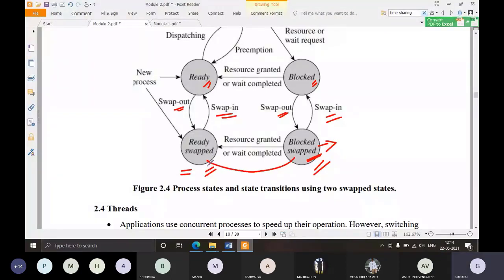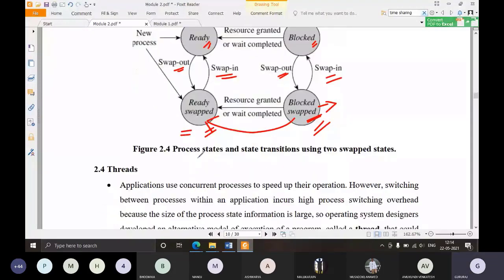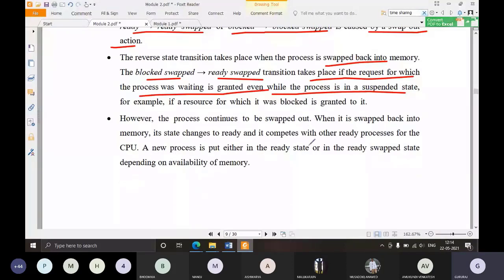Why? Because the event or resource it was waiting for is granted now. Even though it is not in memory, it will still be updated to ready swapped. These are the two extra states discussed here, and the same thing is explained in the material, so go through it.